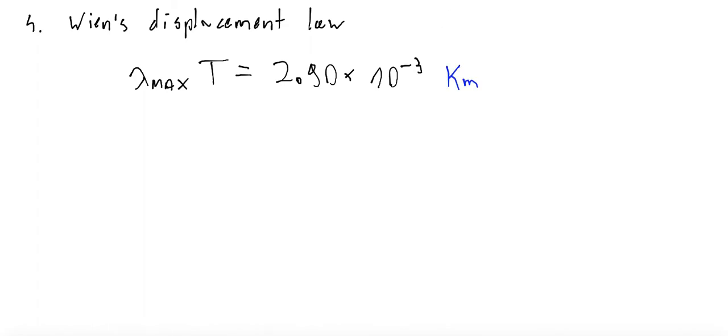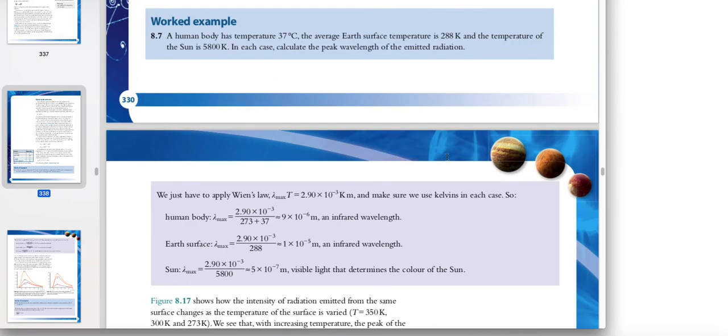This is not kilometer, kelvin times meter. Okay, so what does it mean? It means that for each temperature we have a specific wavelength in which the amount of energy emitted is the biggest possible.